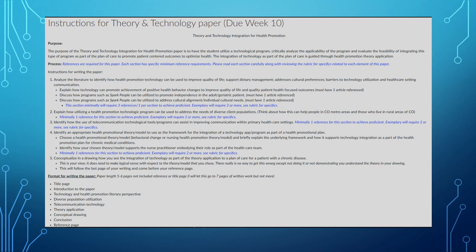Exemplary means that you have gone above and beyond the requirements and exceptionally have demonstrated synthesis of the literature. Proficient means you're able to do it. Being able to do it is 1 article, and that's per bullets in section 1. So I hope this explains it a little bit better. It's kind of hard for me to put that in the instructions like that. So being able to verbalize it too, I hope is being helpful.